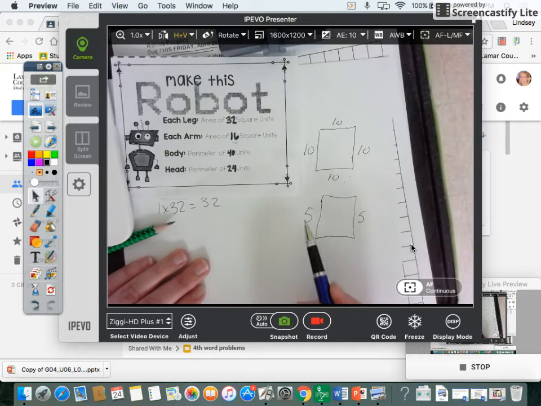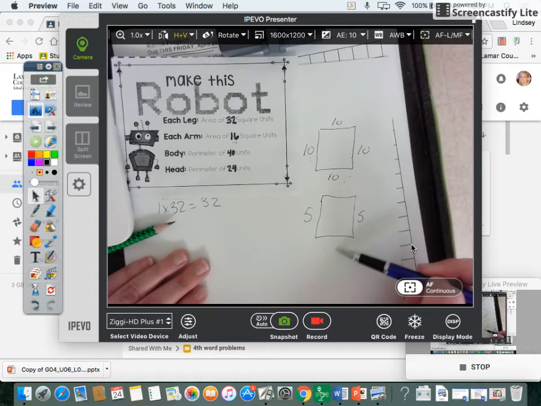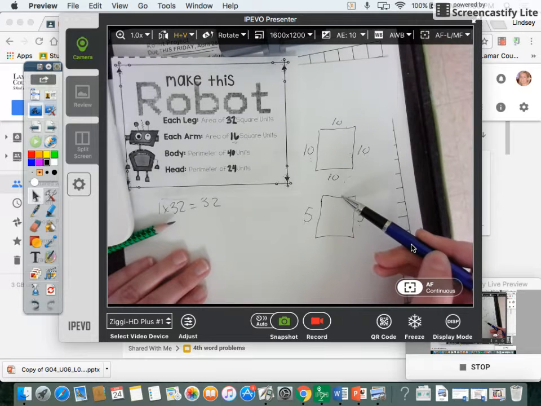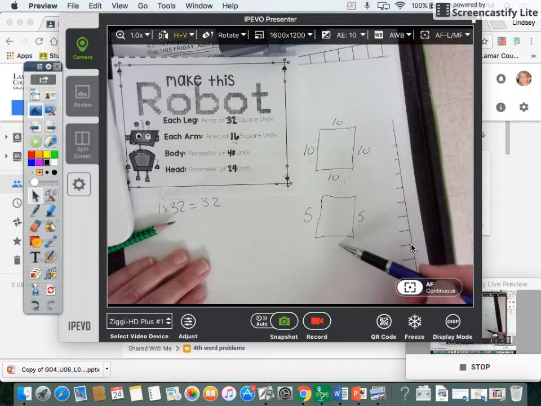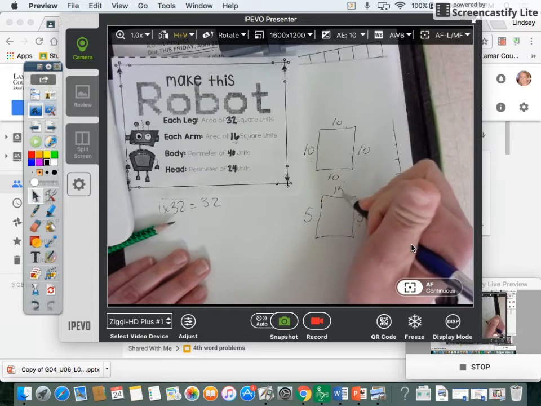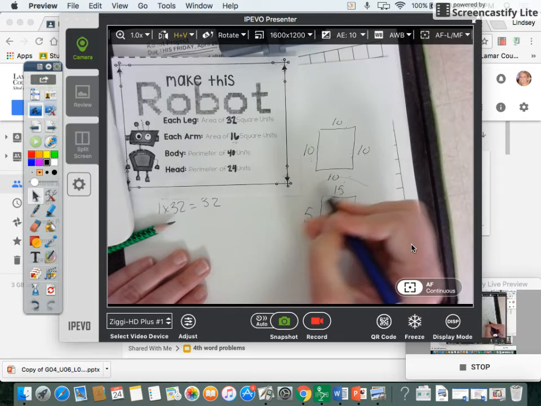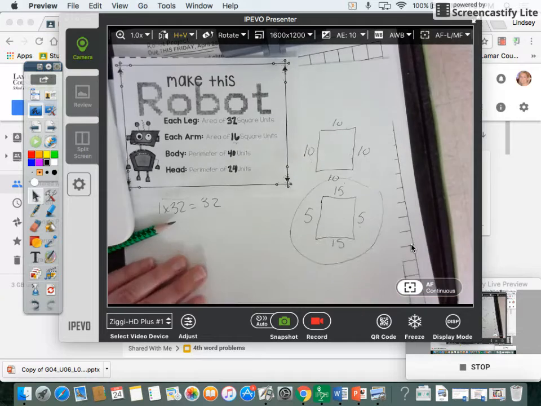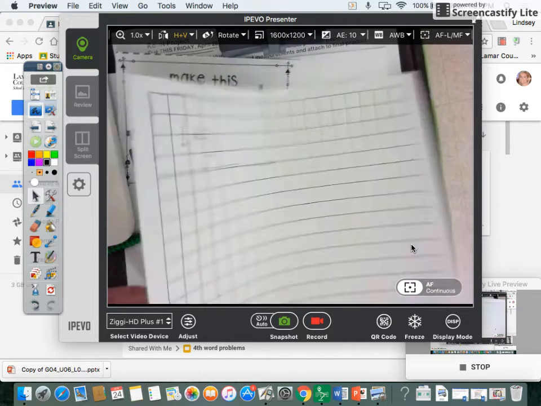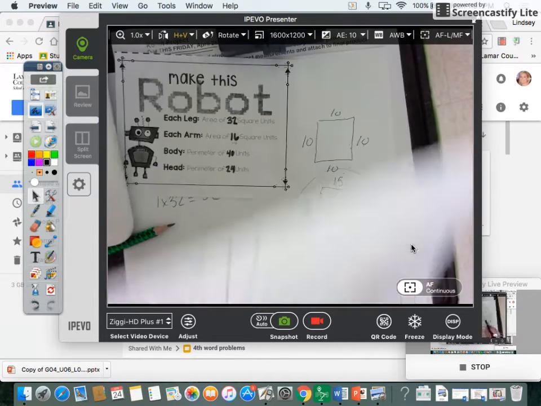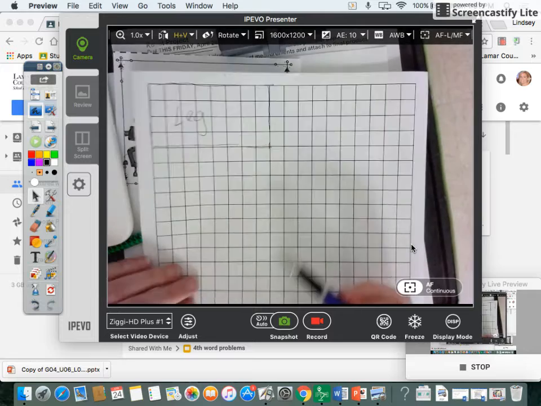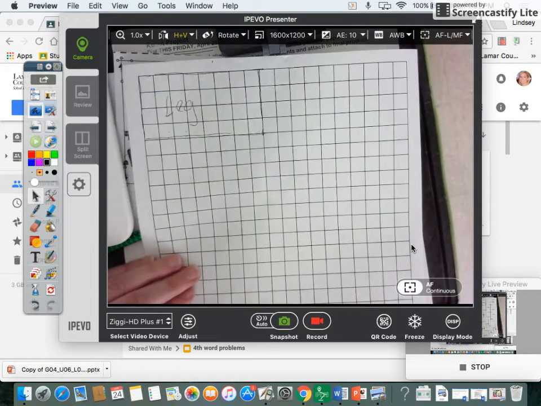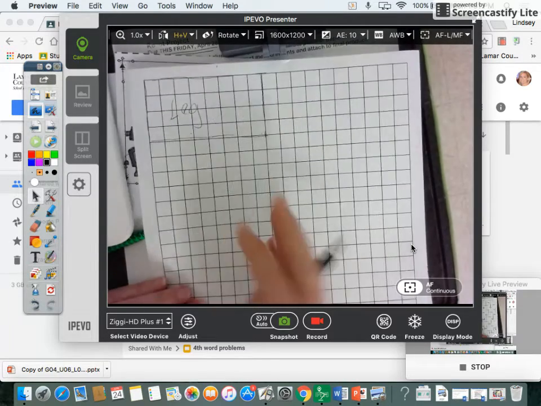So that means that so far I have 10 and I need 30 more. So what's half of 30? 15. So this would be 15 and this would be 15. And if I add all this up, it would equal 40. And so then I would come over and I would do my 10 by 10 or 15 by 5, or if I did 8 down, however I wanted to do it, that would be my body.